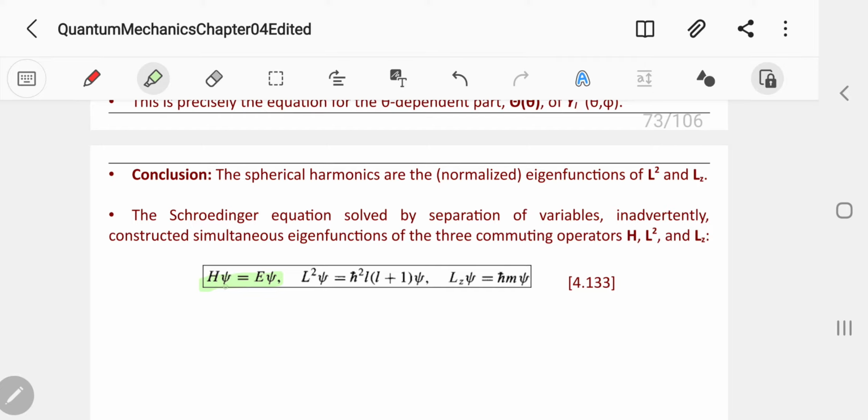So if you have psi or phi, you will get the energy eigenvalue for the Hamiltonian, and for the angular momentum squared you will get this one as the eigenvalue, and for Lz you will get hm as the eigenvalue. It's a long discussion, but what's important is this result.